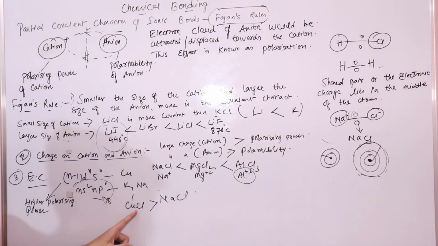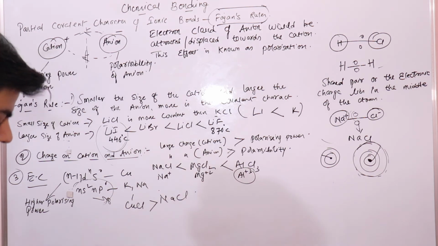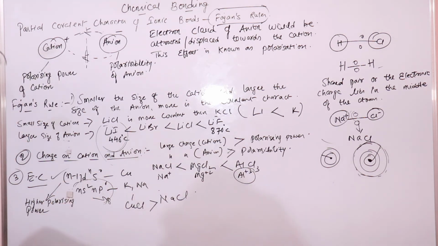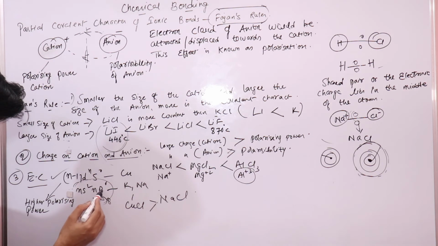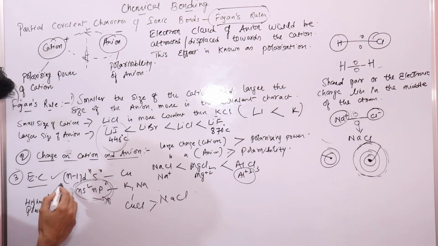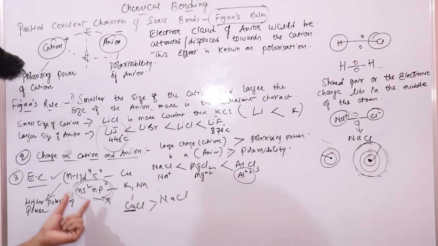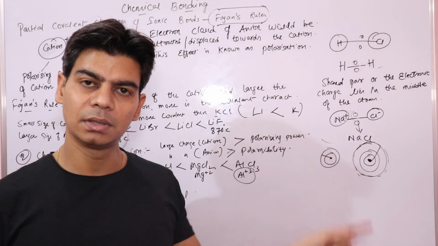Why? Because copper chloride has its d orbitals filled. It has more covalent character than sodium chloride, because sodium chloride has electronic configuration of ns2 np6. Copper can easily polarize the electron cloud of the anion.